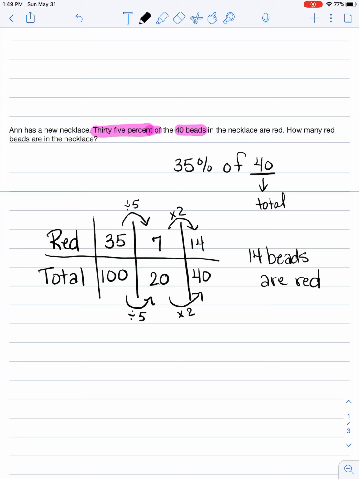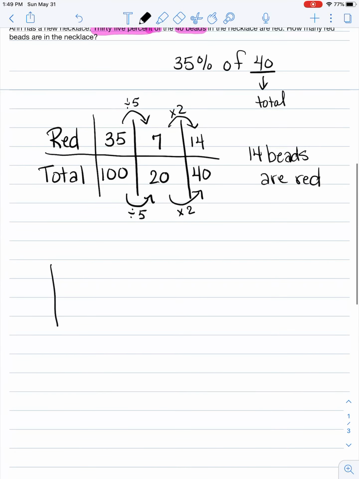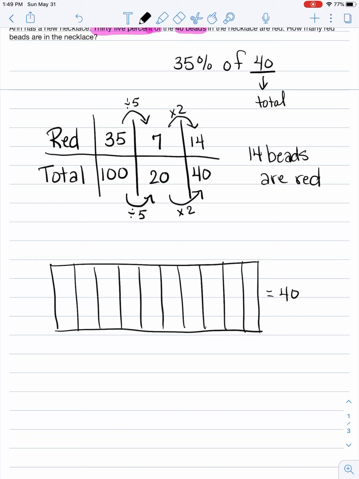Okay, now let's take a look and let's see if we can do this by a bar method. Bar model, let's see. Okay, I know that the total is 40. And if I want to, 1, 2, 3, 4, 1, 2, 3, 4.